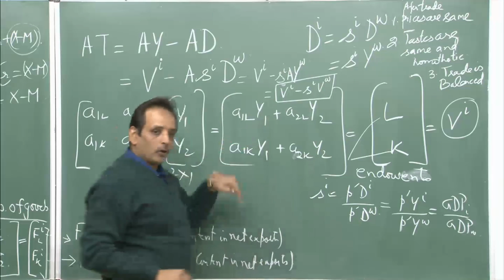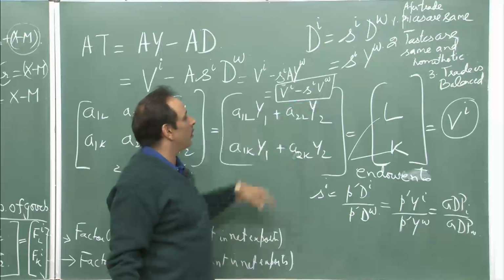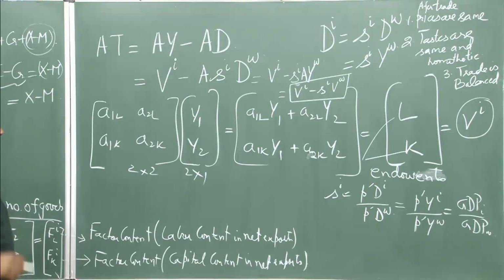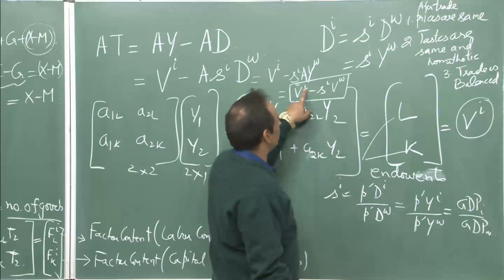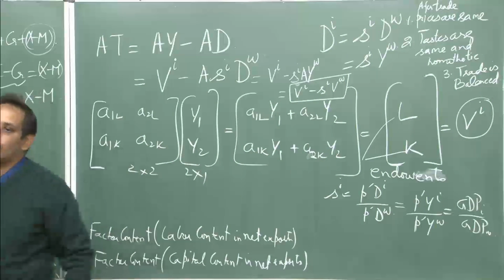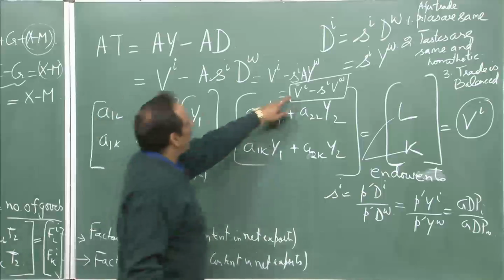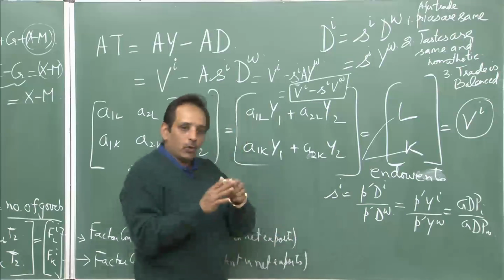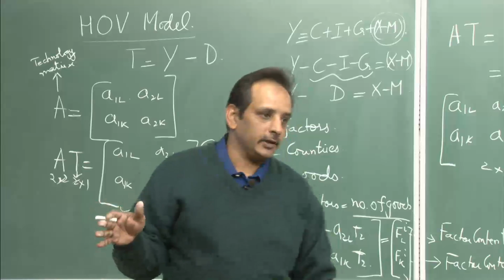Vi is the endowment in country i, Vw is the total endowment in the world. So, if this is labor available in country i, Vw will be the total labor endowment in the entire world. If Vi is capital, then Vw will be the total capital, which will be the sum of capital of all countries in the world.